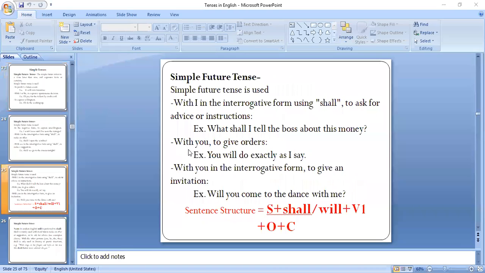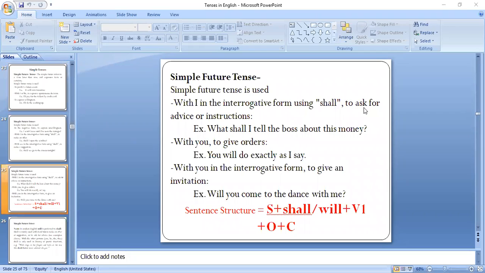So this is about the simple future tense. When we use this tense, it is used with I, we, you. With I in the interrogative form, we use shall.